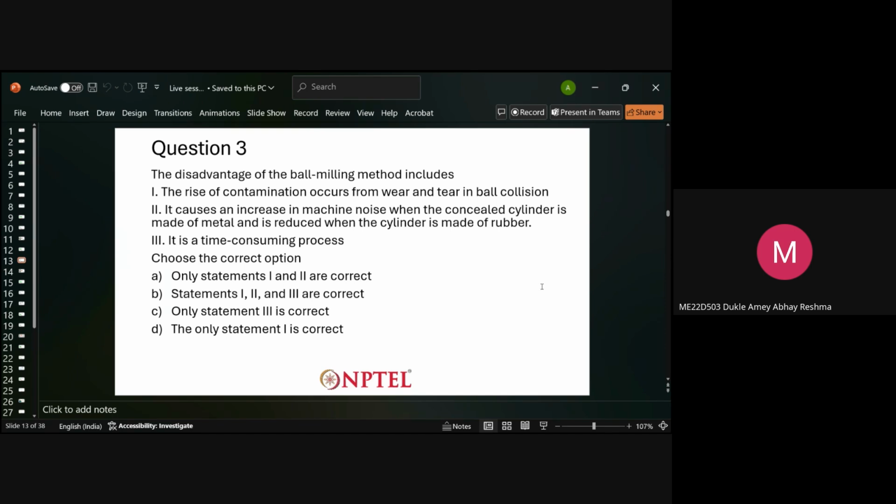So what do you think is the disadvantage? So in the ball milling process, as I said earlier, you will have a bowl.